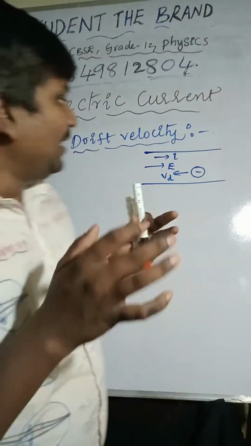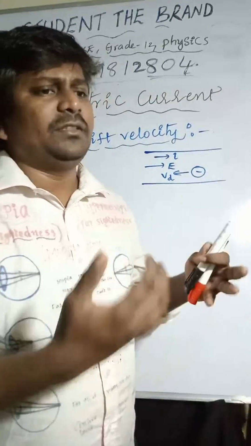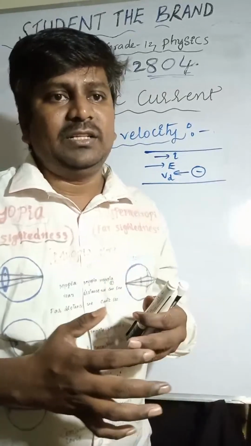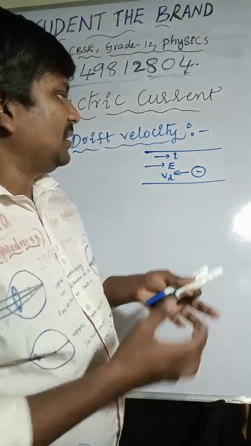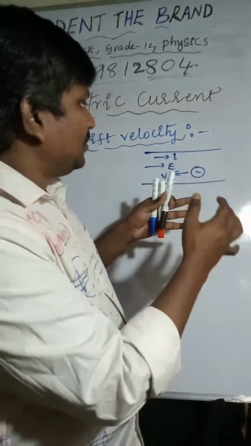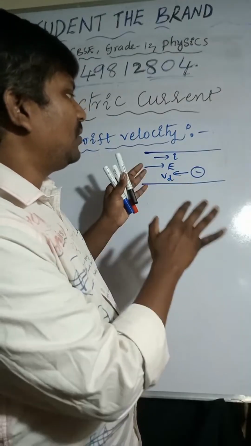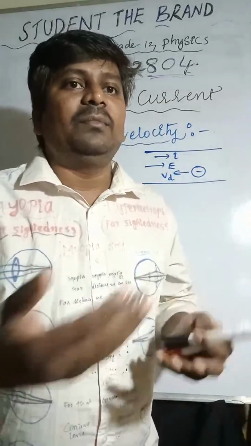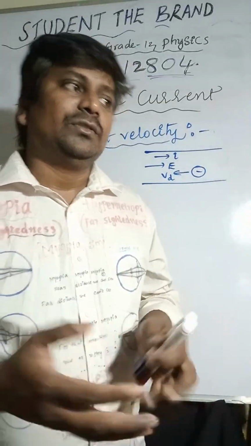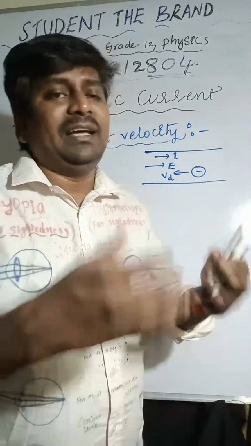If the electrons are moving, the number of electrons you take will move in different directions. I'm considering only one electron, to represent that the electron is moving opposite to the electrical field. You can take many electrons, 1, 2, 3, 4, like that, and their directions are also different.